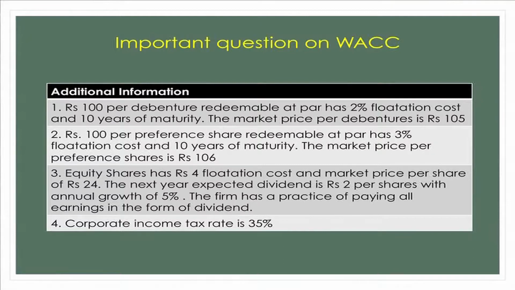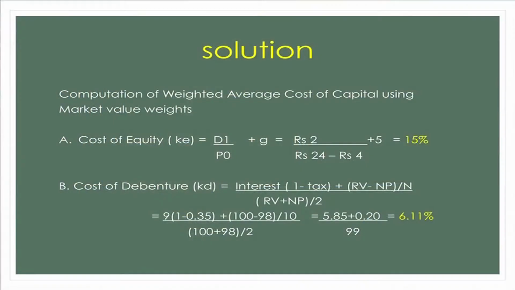For equity shares, we have share price, flotation cost, dividend and the growth rate. So, we will apply the formula for computation of Ke according to the parameters given. Corporate tax rate is 35%. So, we will start the solution, find out the cost of each segment and then apply the market value weights. Our solution is computation of weighted average cost of capital using market value weights.